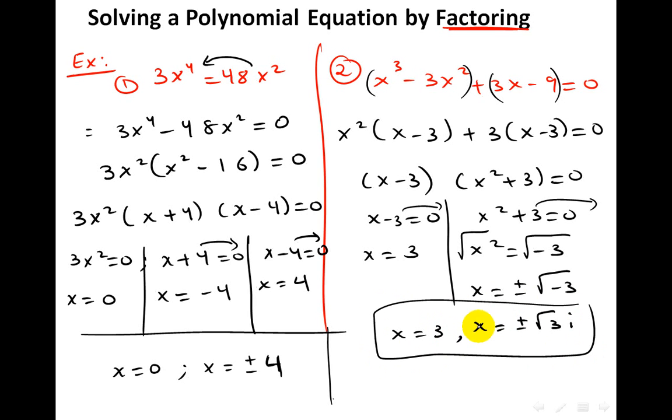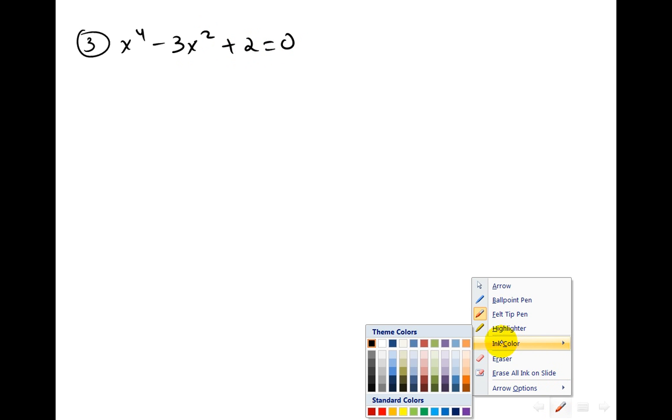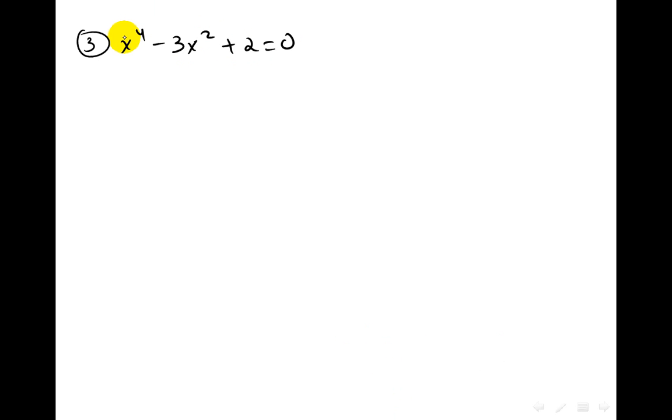Okay, good. Now I'll give you one more example. Here you have x to the power of 4 minus 3x squared plus 2 equals 0. This one doesn't look like a quadratic, so you have to think how to change it to a quadratic.